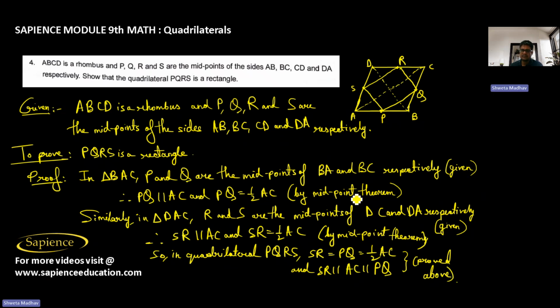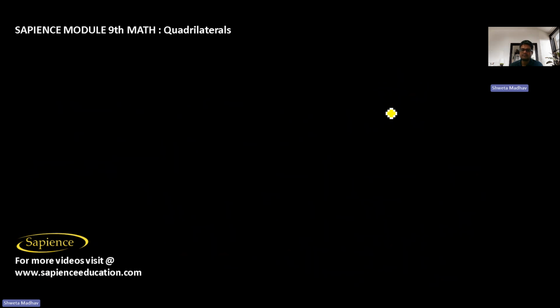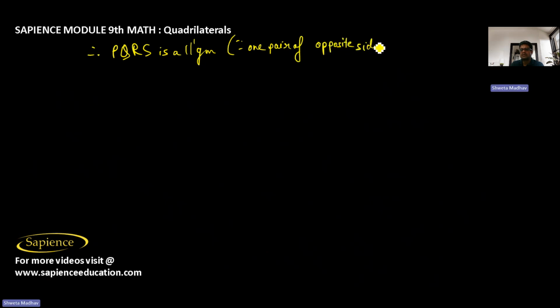So one pair of opposite sides are equal and parallel. Therefore PQRS is a parallelogram.